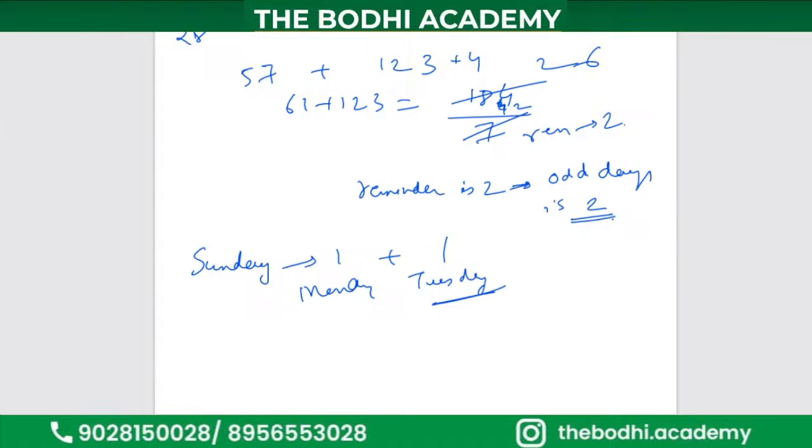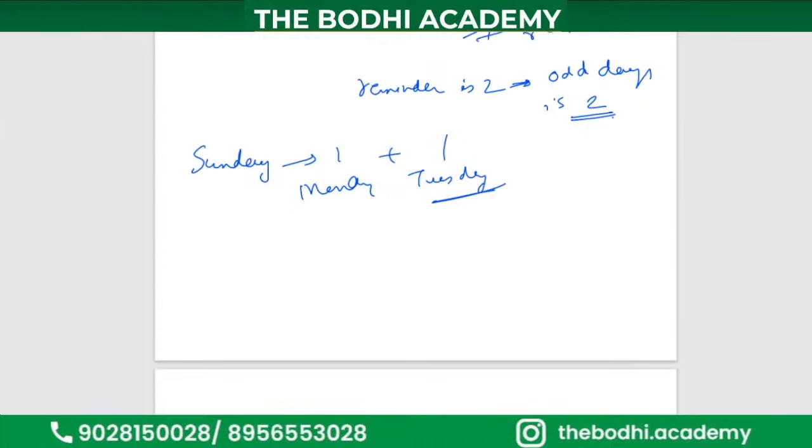So understood? What are the things we need to find out if this type of question is given? The first step: find the number of days between the two given dates.